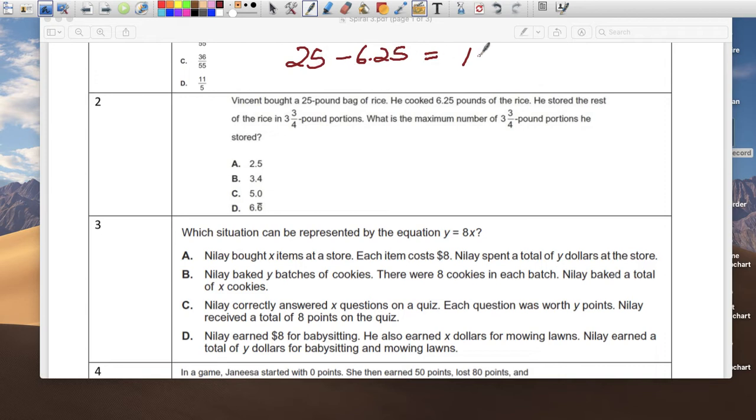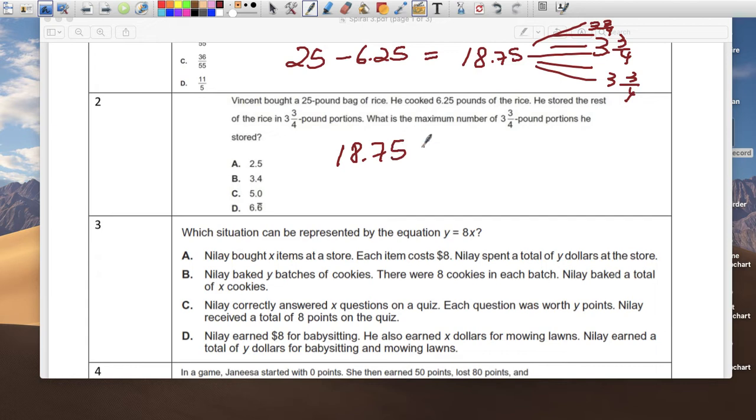So 25 minus 6.25 is 18.75. And this is going to break it up into portions of 3 3/4, 3 3/4, 3 3/4. So how many 3 3/4 portions can he make? Obviously, he can make quite a few. So it's 18.75, and we're going to divide that by 3 3/4, and again, you can divide it as a fraction, or you can use 3.75.